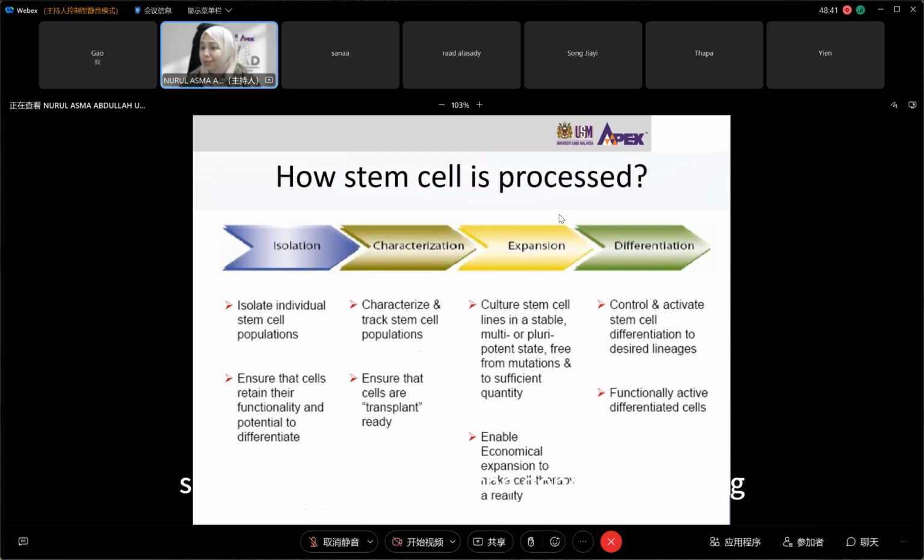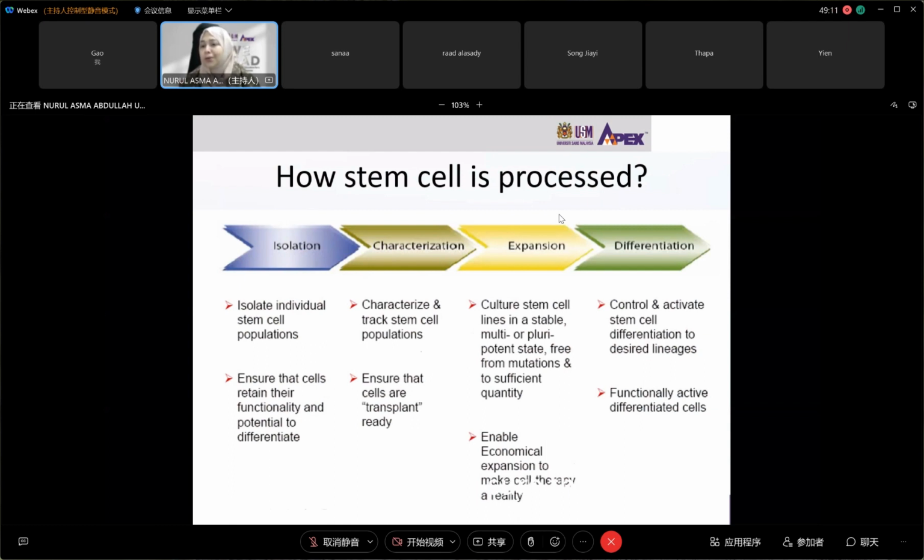So you have to do genetic screening, as well as make sure that it's sufficient in quantity before you use the stem cells for the next procedure, and enable economical expansion to make cell therapy a reality. There is a challenge to assure that the processes involved in the stem cell procedure are economical.